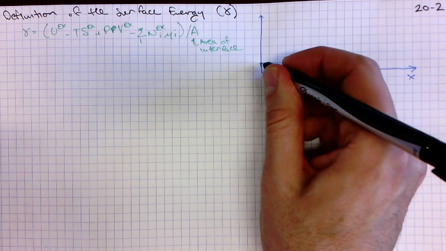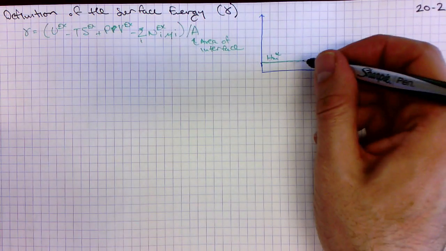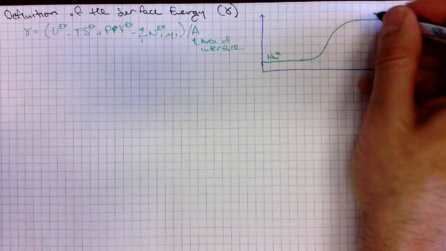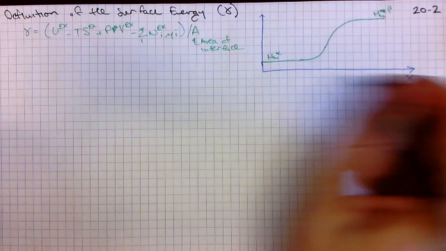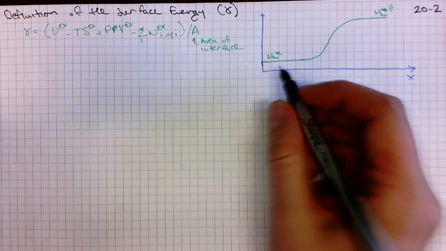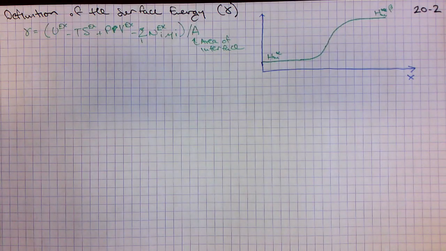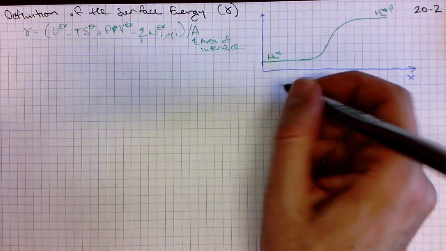We would have a molar enthalpy in one phase, Hm of alpha, and then that would cross over to some other molar enthalpy, Hm of beta, as we went from one phase to the other. And we could also plot on the same plot T, the temperature, times the molar entropy.